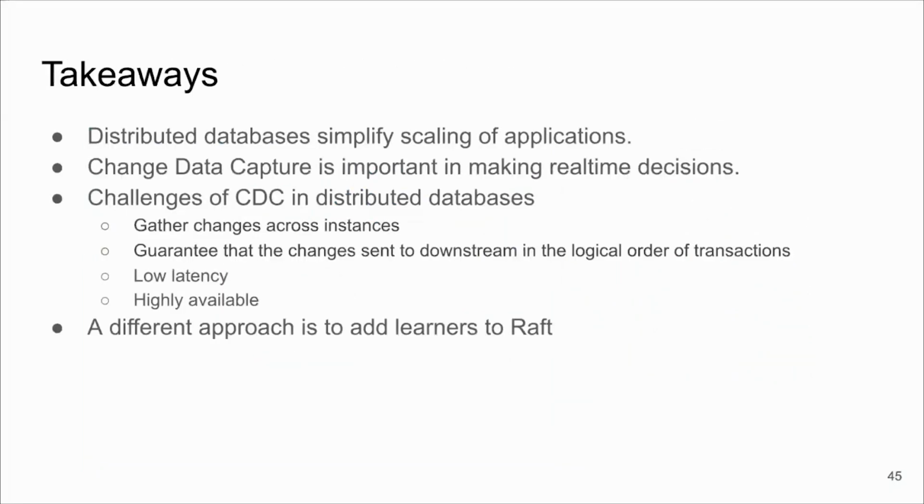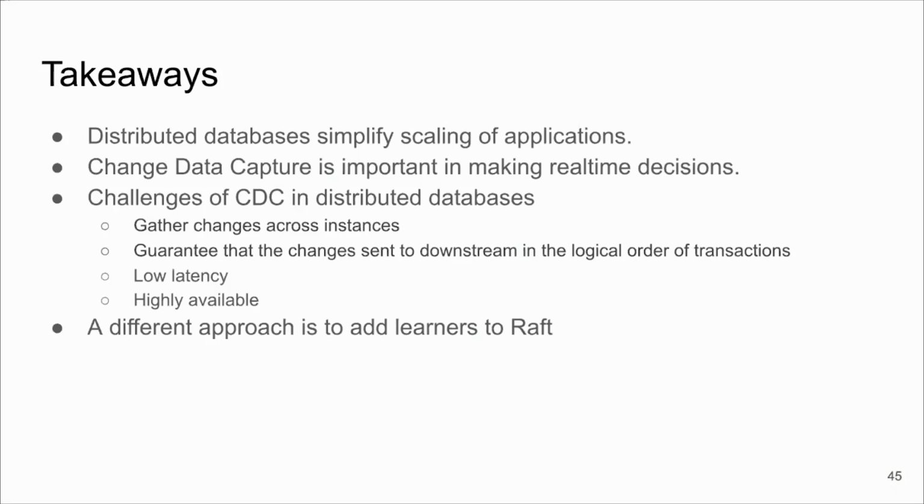So I think the takeaway is this. If you have a distributed database, you can simplify scaling of your applications. And CDC is very important in making real-time decisions for the success of a business.